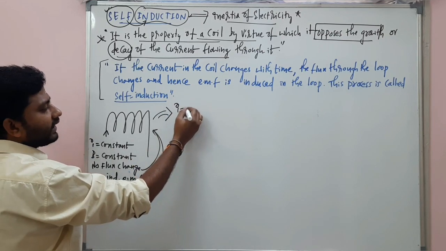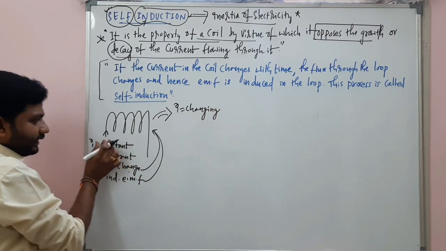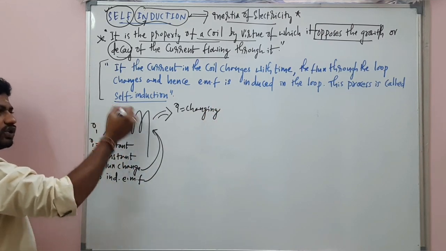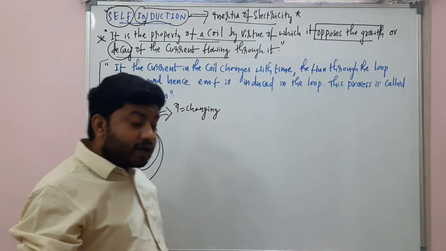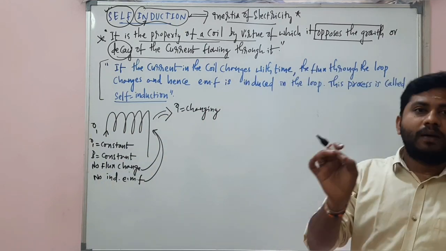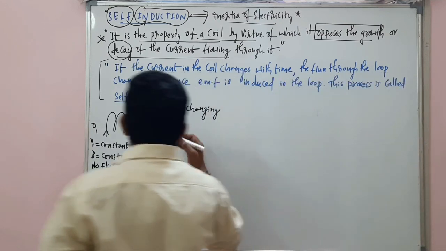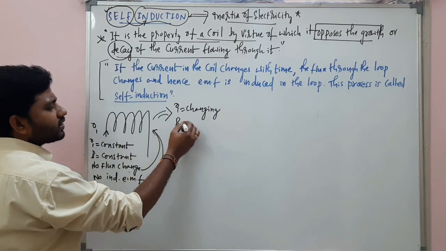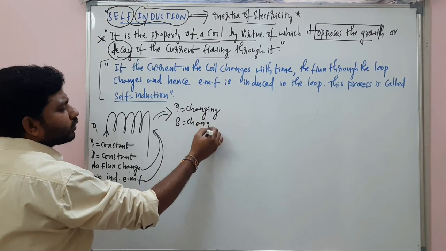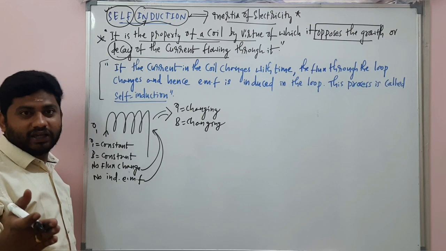Where current is changing, look here. The current passing through this coil is changing. It may be increasing or decreasing, right? So now the magnetic field associated with this coil also will change, yes or no? 100% it will change.